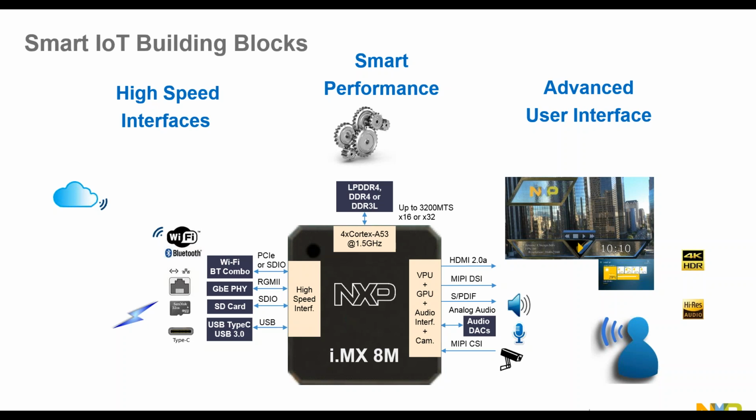On the smart performance, you start to see adoption of the LPDDR4 even on embedded designs, and still the DDR4 and DDR3L. Transactions between the DDR and the processor starts to go to 3.2 giga transactions per second. So getting really fast. So the core has a lot of throughput to really process quickly, going up to 1.5 to 2 gigahertz of processing speed.